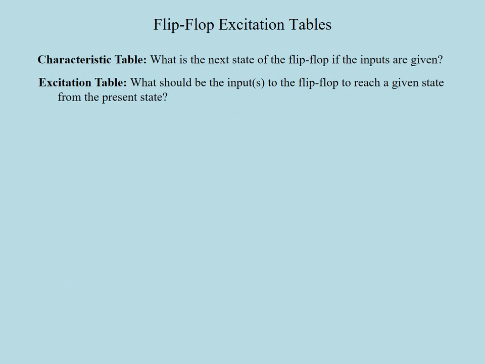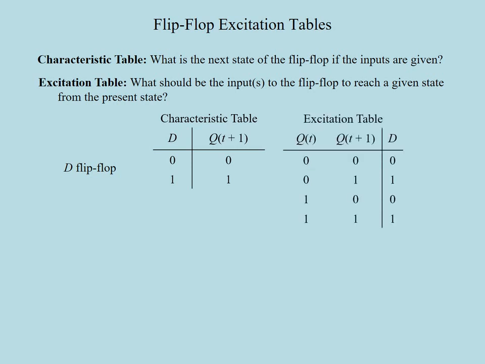The excitation table of the D flip-flop is the simplest one. The next state of a D flip-flop is equal to its input. Therefore, the excitation table gives the required D input for any state transition as the value of the next state. Finally, the T flip-flop is a toggle flip-flop.